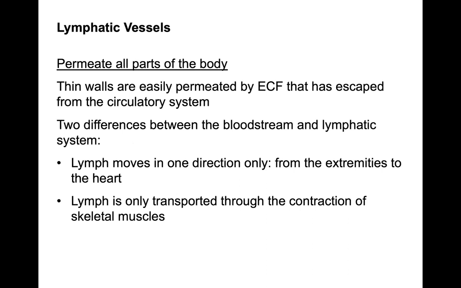Now, the lymphatic vessels will permeate all parts of the body. They are like the cardiovascular system, especially the blood vessels, in the sense that they are integrated into all aspects of the body. The thin walls of the lymphatic vessels are easily permeated by extracellular fluid that has escaped from the circulatory system.